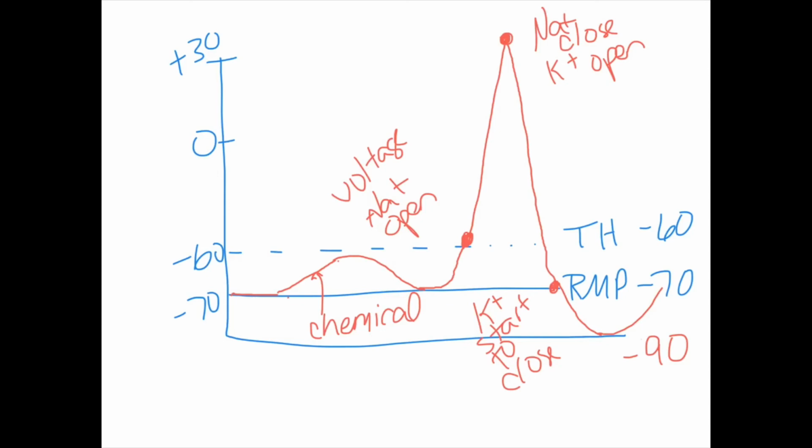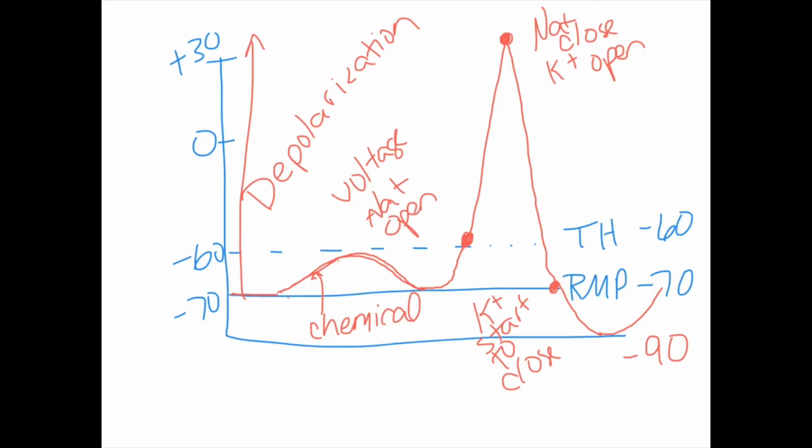Okay, so when we're looking at this graph, we have to use some terminology, right? This is our graded potential right here where we move up to maybe negative 61 and back down again. Anytime you are going more positive, we call that depolarization. It's going this direction, right?